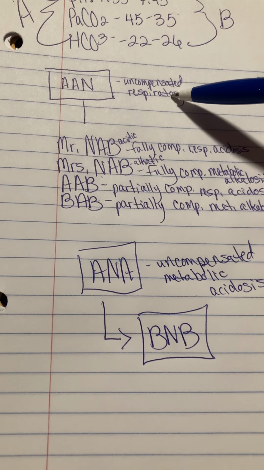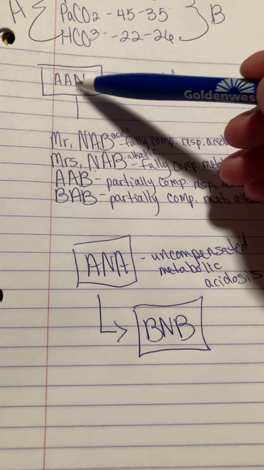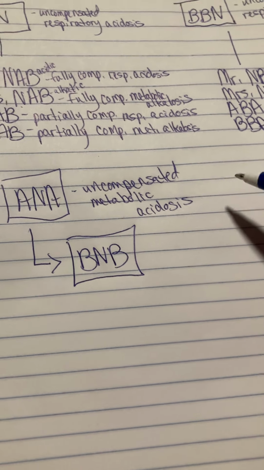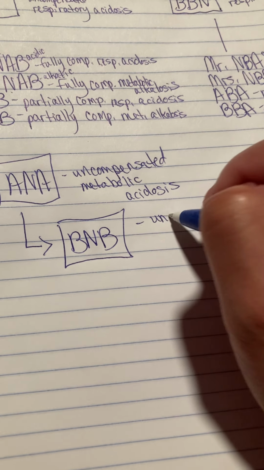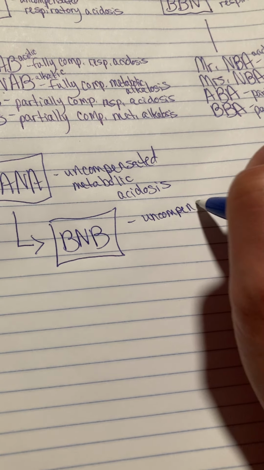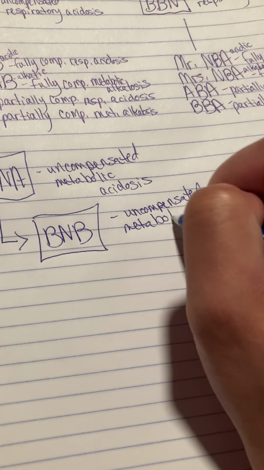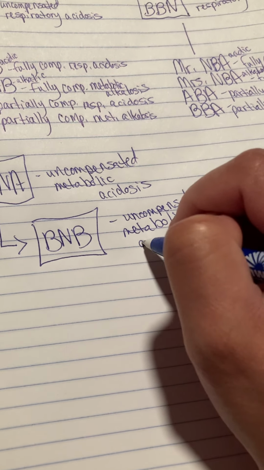So this is uncompensated respiratory acidosis, the town. Anna represents uncompensated metabolic acidosis, and her B&B represents uncompensated metabolic alkalosis.